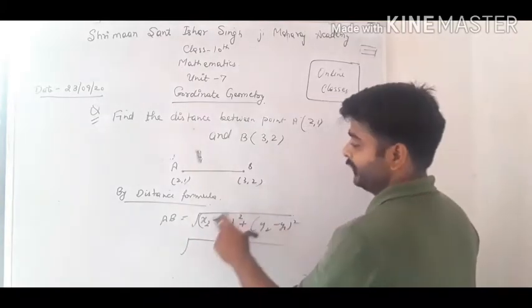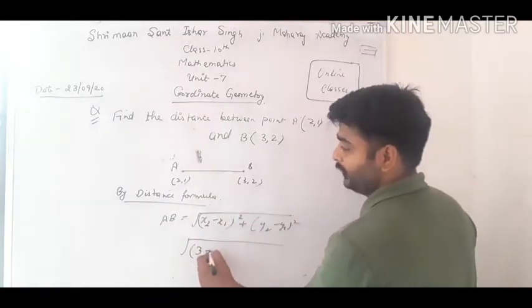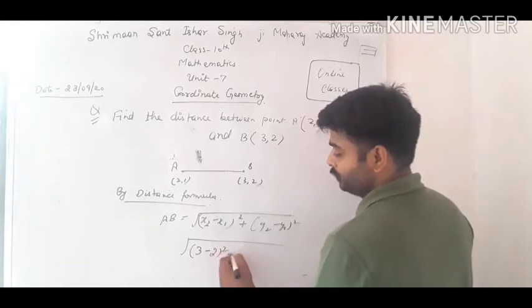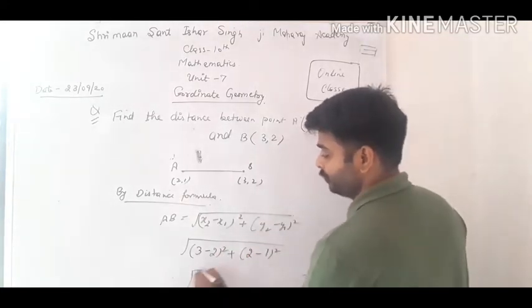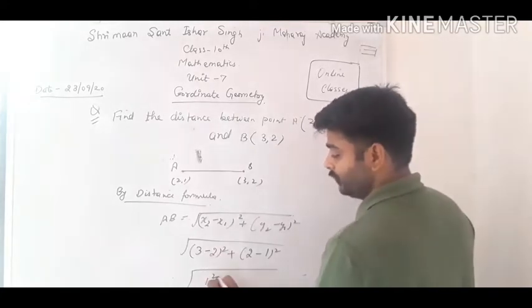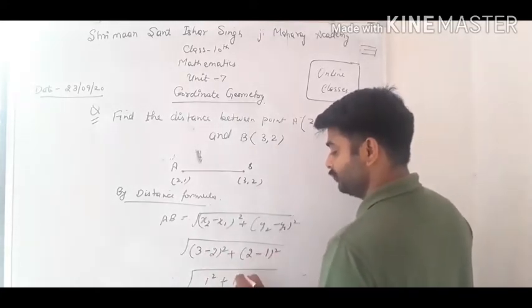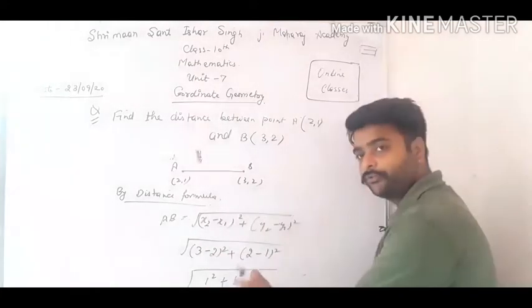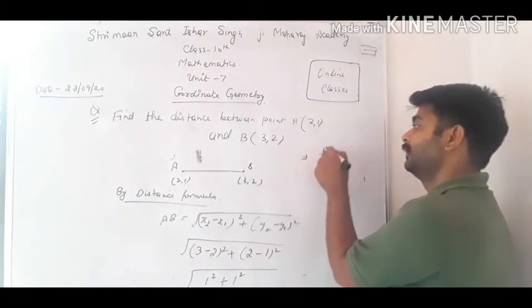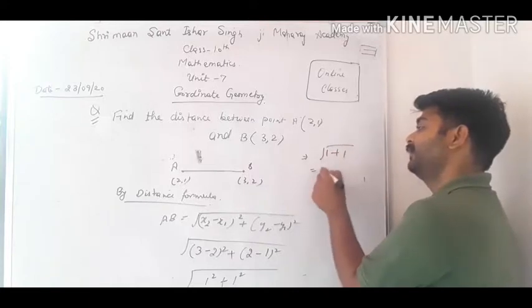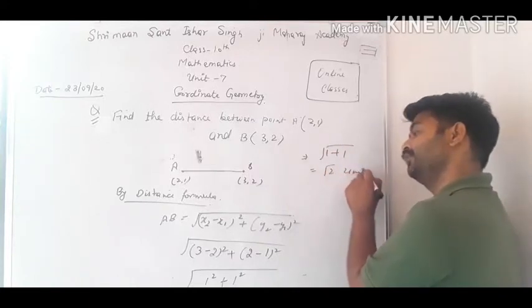Now what is x2? x2 is 3 minus x1, which is 2, whole square. What is y2? y2 is 2 minus 1 whole square. So 3 minus 2 is 1, whole square, plus 2 minus 1 is 1, whole square. Again the square of 1 is always 1, so 1 plus 1 is root 2, again a unit.